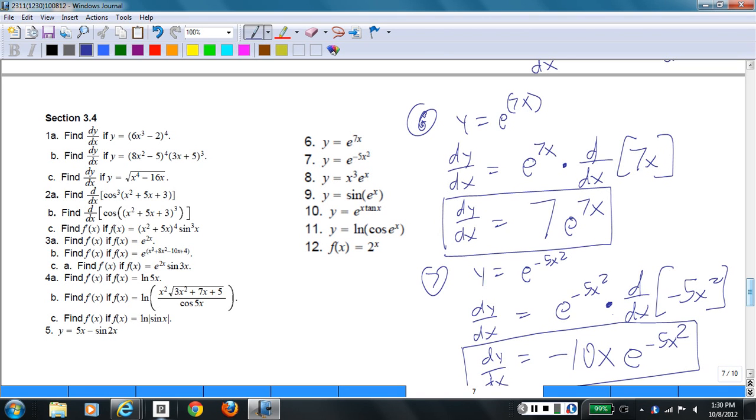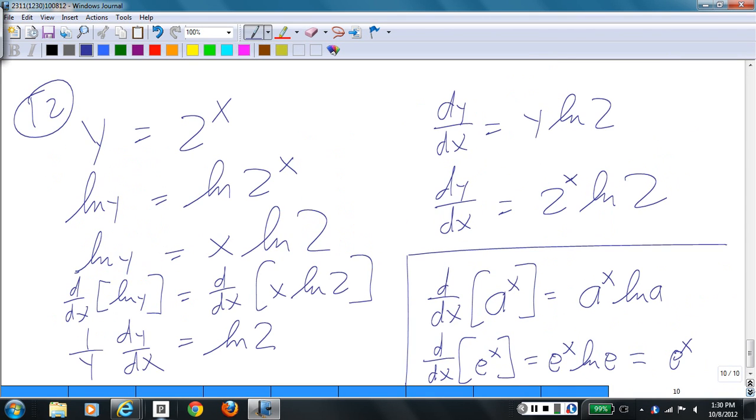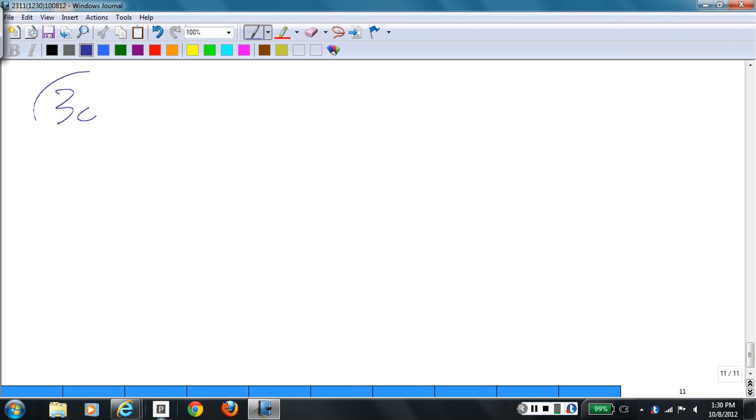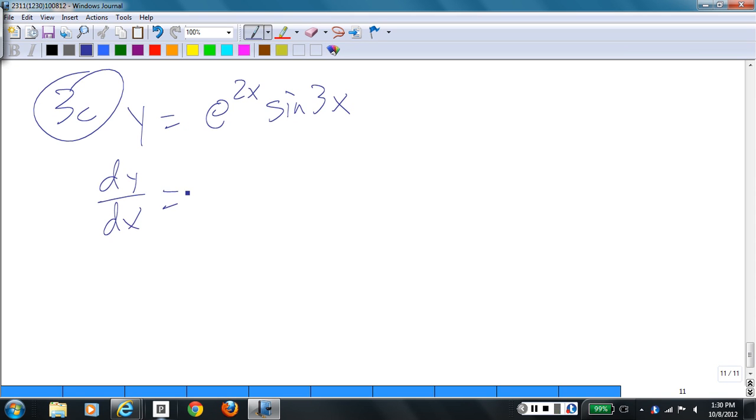So e to the 2x sine 3x, let's do that, because you definitely want to see this one on the test. Dy dx, product rule, yes. We know how to find the derivative of e to the 2x. It involves a little bit of the chain rule, but we can do it. We know how to find the derivative of sine of 3x. That involves a little bit of the chain rule, but we can do it.